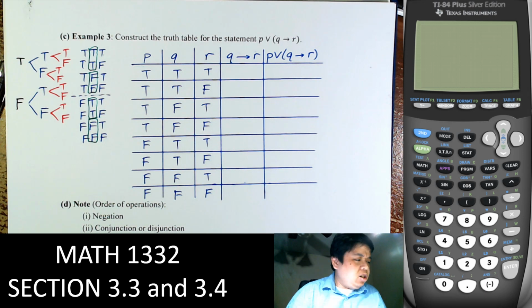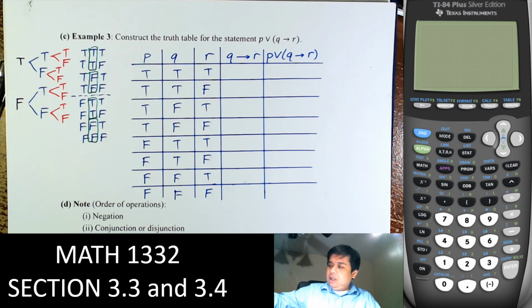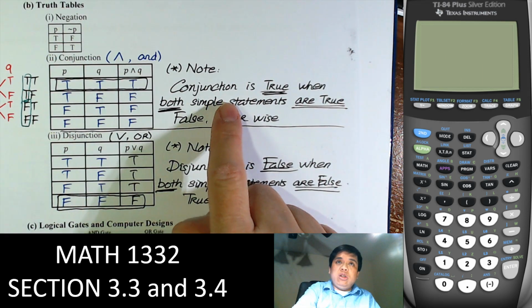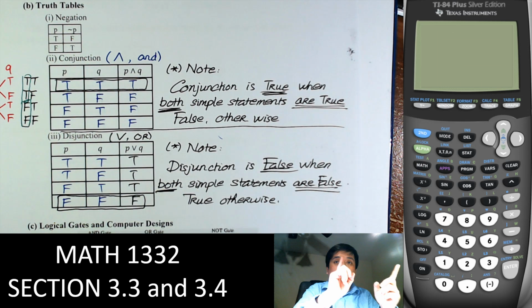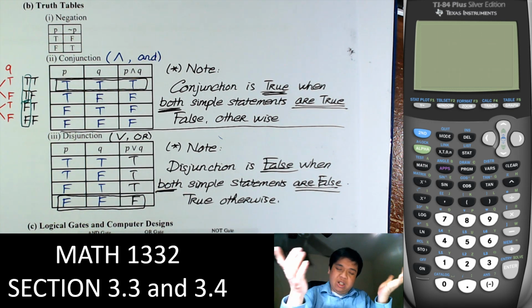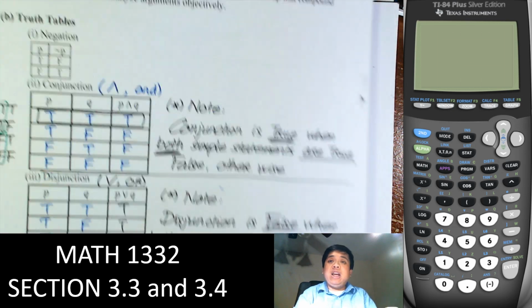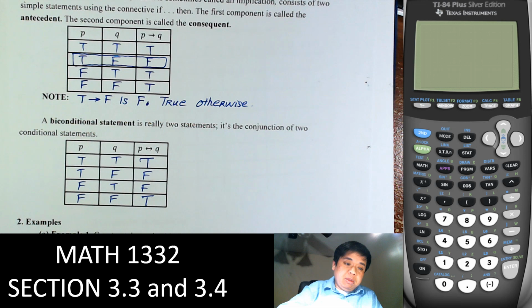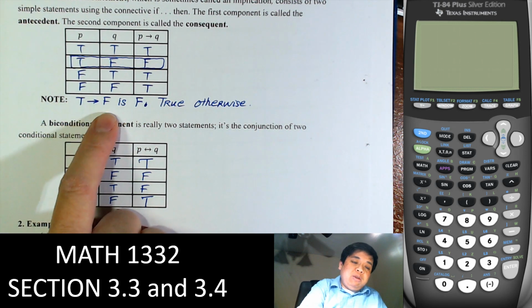The implication is very important, so let me compare and contrast the two. For the conjunction and disjunction, the order doesn't matter. We have true and false, or false and true, the same thing. For the implication, that is not the case. For an implication, or conditional statement, true implies false is false.